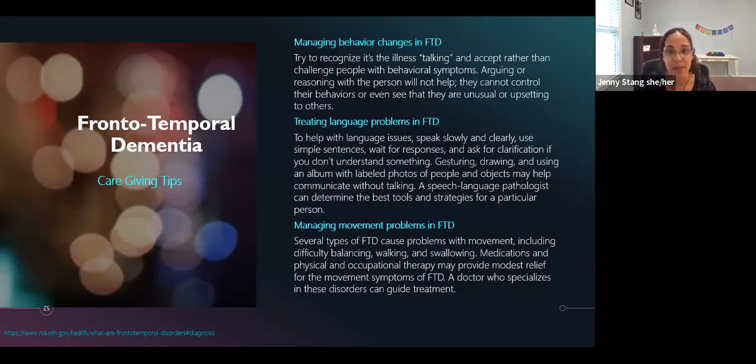Some caregiving tips. So trying to manage behavior changes in frontotemporal dementia, recognizing that's the illness talking and accepting it rather than challenging people with behavioral symptoms is going to go a long way for your sanity. Arguing or reasoning with the person won't help. They cannot control their behaviors or even see that they are unusual or upsetting to others.